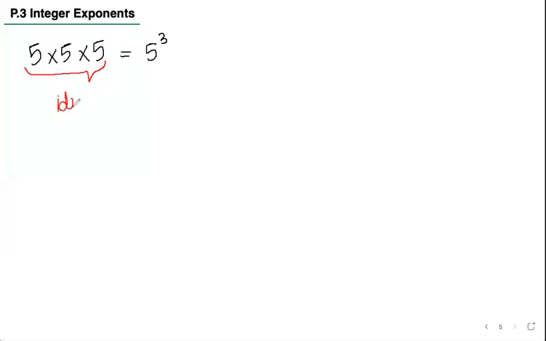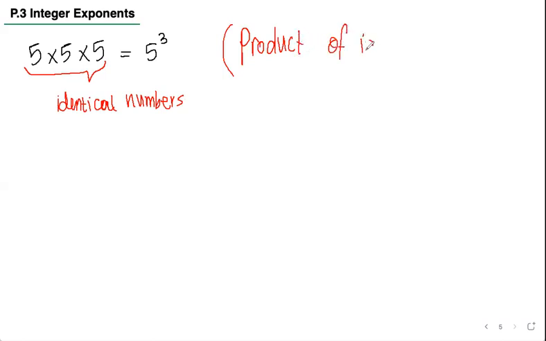When I multiply, for example, 6 times 6 times 6, I can write it as 6 to the power 3.